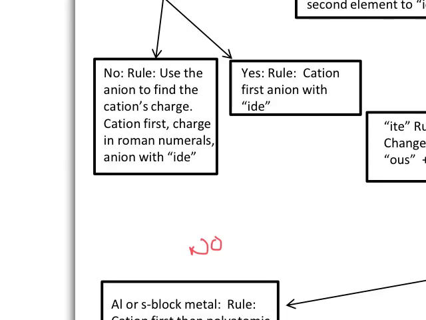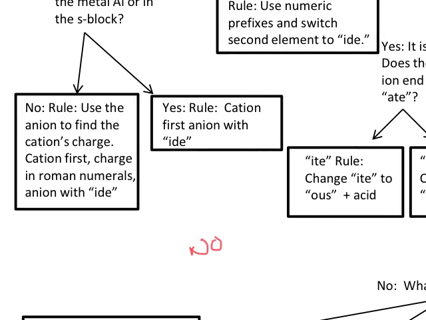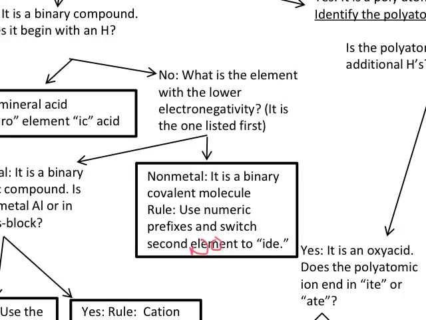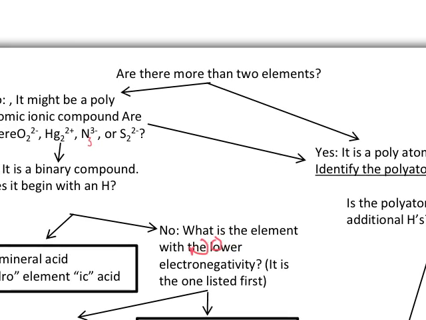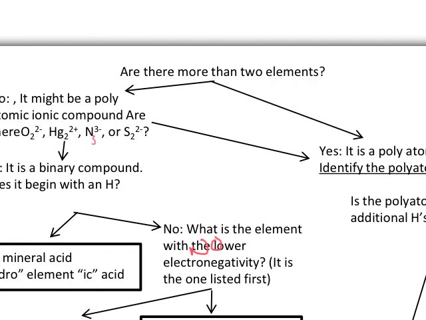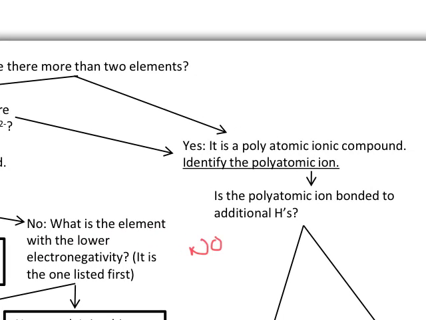Okay, there ends this side of the flowchart. Now we can go all the way back up to the top. There are 2 ways to get to the situation where you have a polyatomic ion.